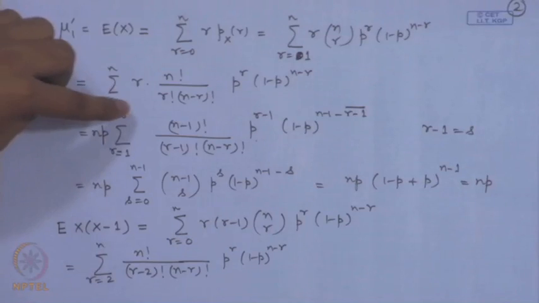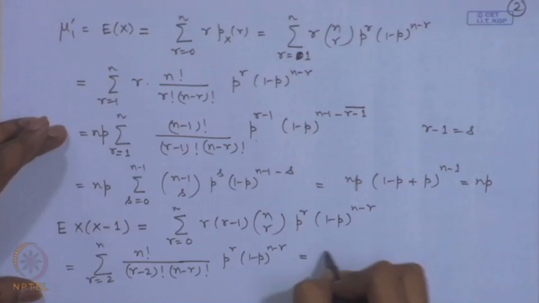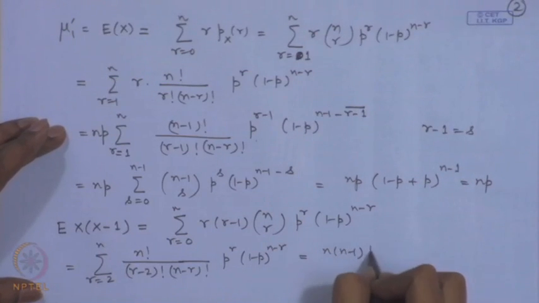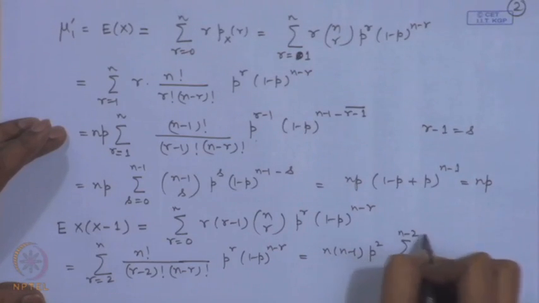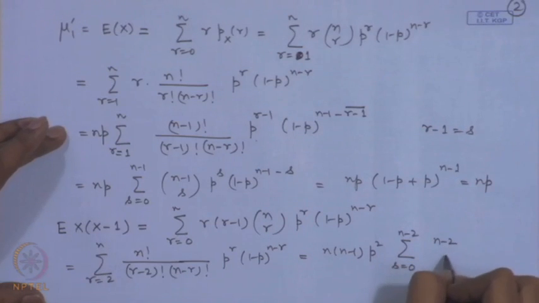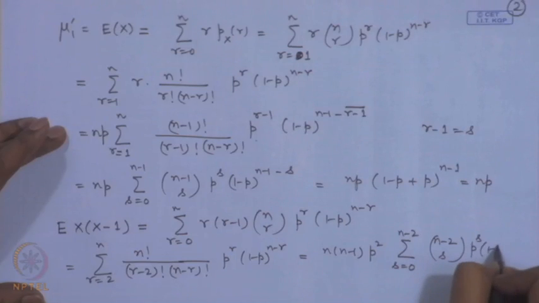So, if we follow a scheme similar to this, we can express it as n into n minus 1, p square, sum over s equal to 0 to n minus 2 of n minus 2 C s, p to the power s, 1 minus p to the power n minus s.